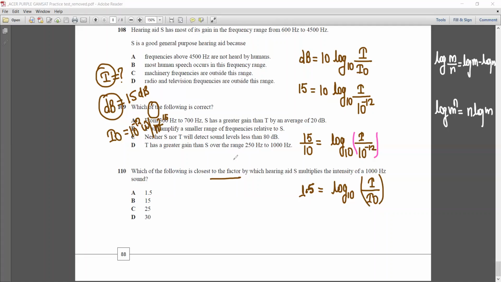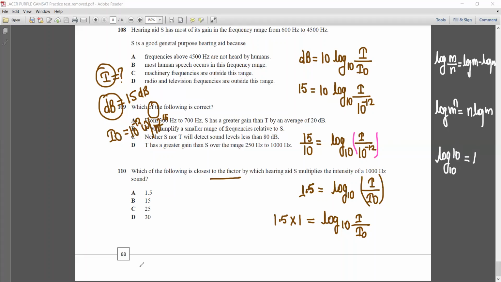So 1.5, can I write this as 1.5 times 1, which is log base 10 of I over I naught. Now 1 can be written as log 10 base 10 as well.